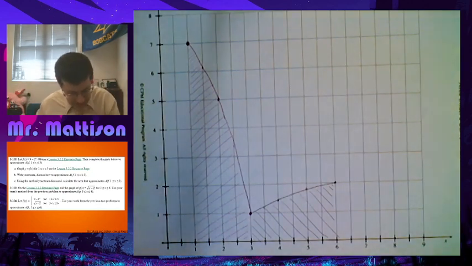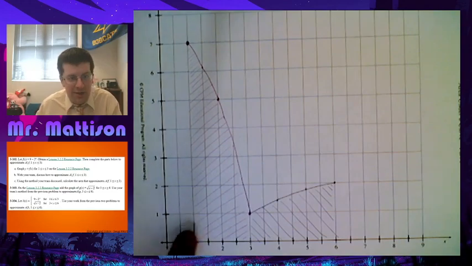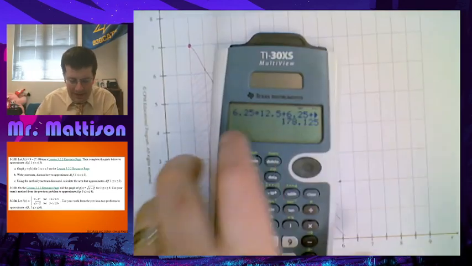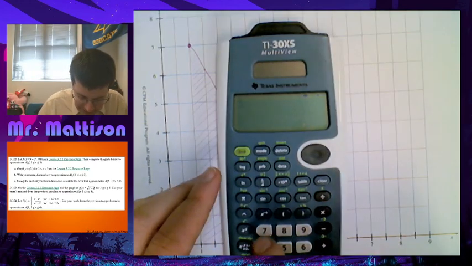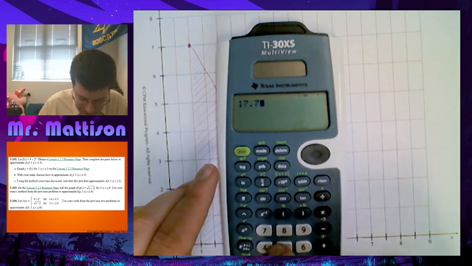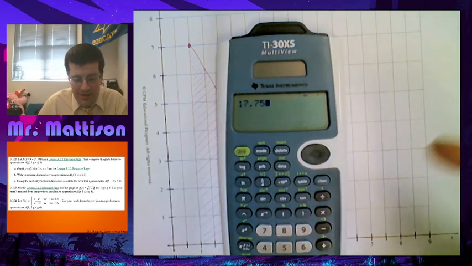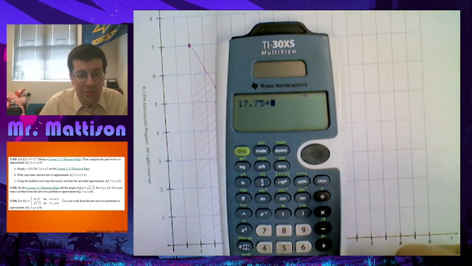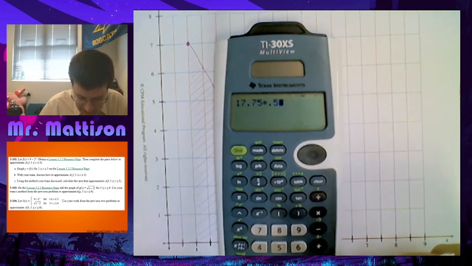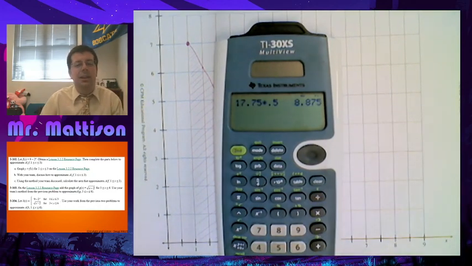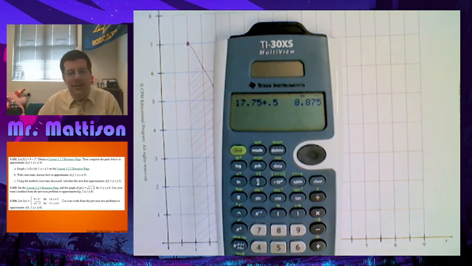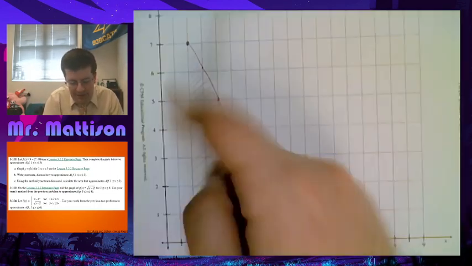And each box is a half unit by 1 unit. So if I say, well, 17.75, which was my estimate of number of boxes, times each box has an area of 0.5, I'm estimating about 8.875 as the area of this particular region.